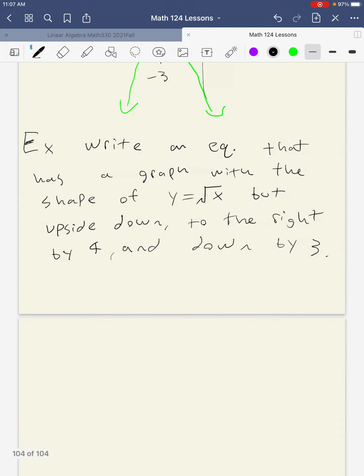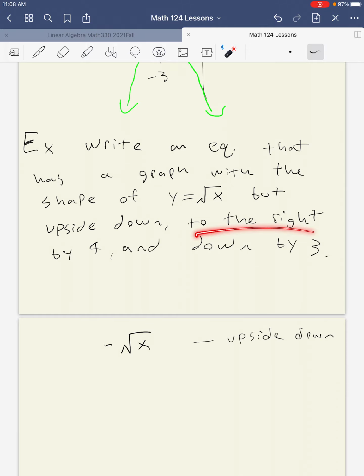Okay, well, let's just take it one by one. First, the upside down. Remember, the minus sign on the outside of the function makes it upside down. So that makes it upside down. Okay. Now if we deal with the to the right by 4, that means you minus 4 to the input, like this.